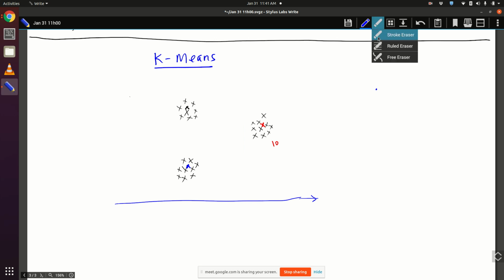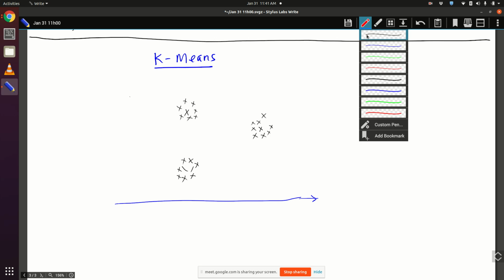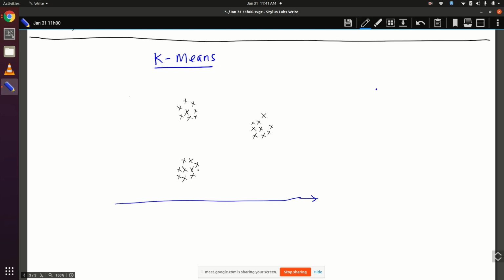In the original problem, you don't know what the groups are.